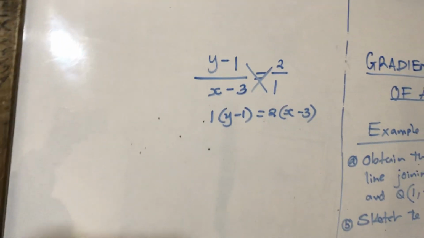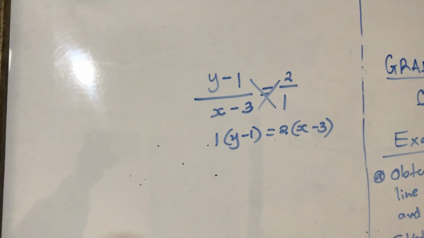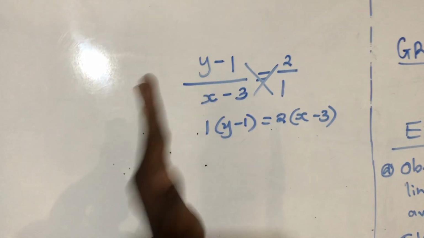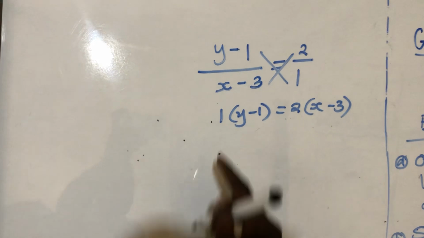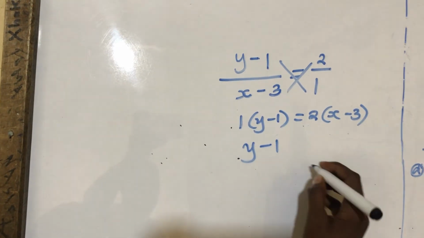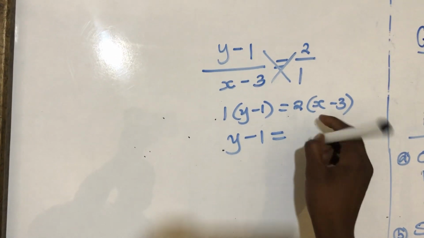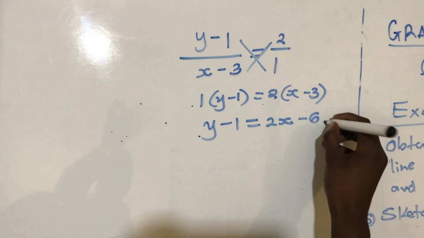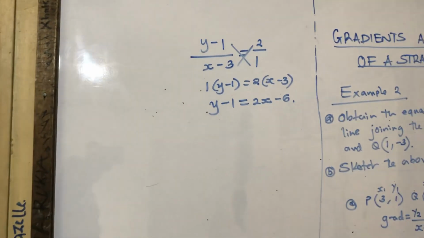If possible, I will advise the student to always have the y on the left-hand side. So what do we have? 1 times y will give us y. 1 times -1 will give us -1. 2 times x will give us 2x. Then 2 times -3 will give us -6.